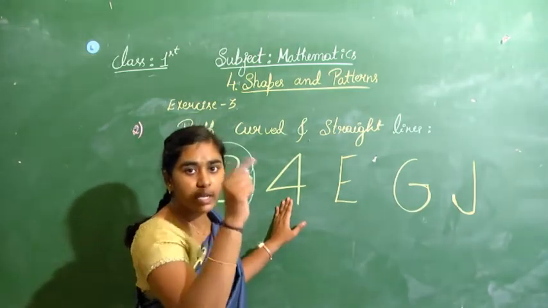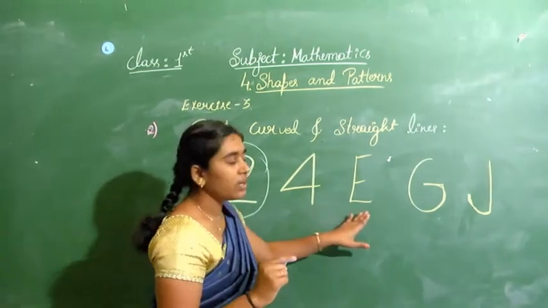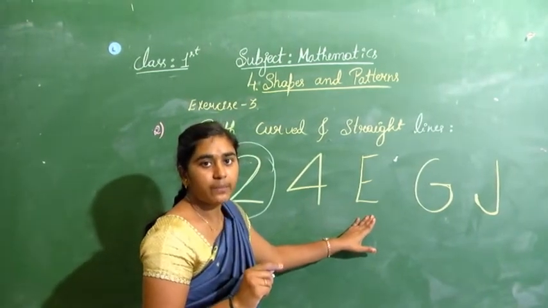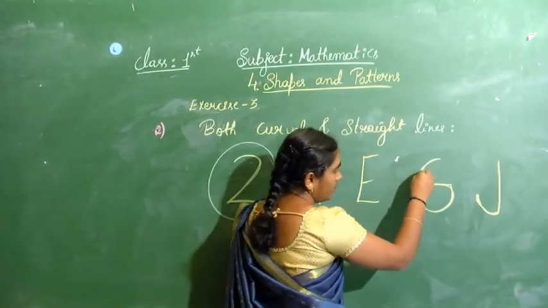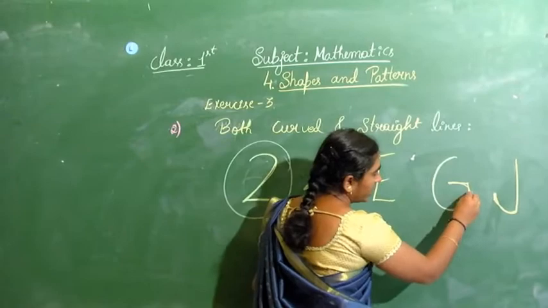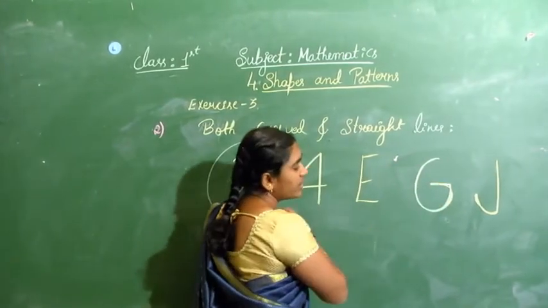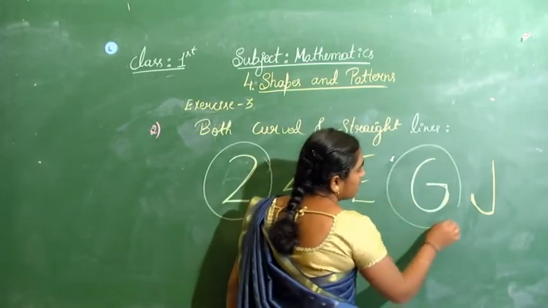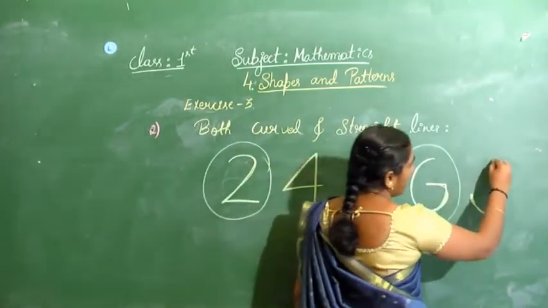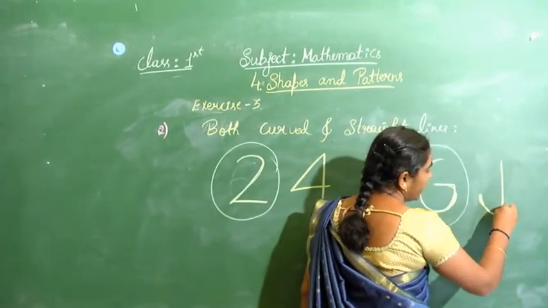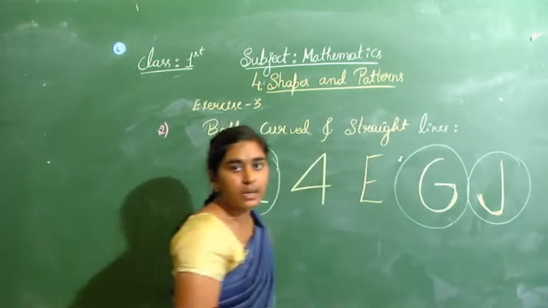Can you look any curved line in number 4? Not. So alphabet E, here also we don't have any curve. Coming to the G, from here to here we have curved and here we have a straight line. So this is a curved one. And alphabet J, from here to here we have straight and here it is curved. J also you can circle.